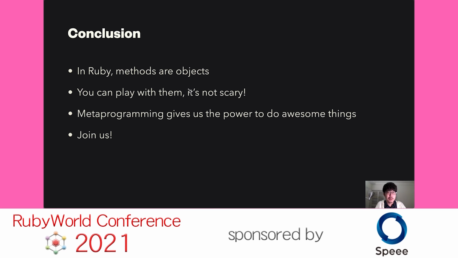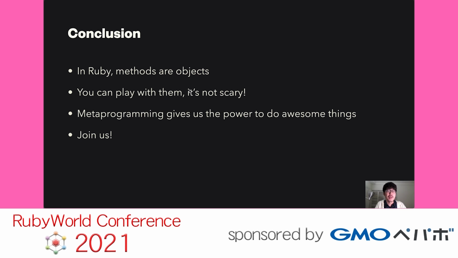In the beginning, when I first learned the method object, I didn't know how to utilize it. But as I showed you earlier, there are some actual cases in which method objects are used. And this is a kind of friend to play with. In addition, this is part of metaprogramming that gives us great power.